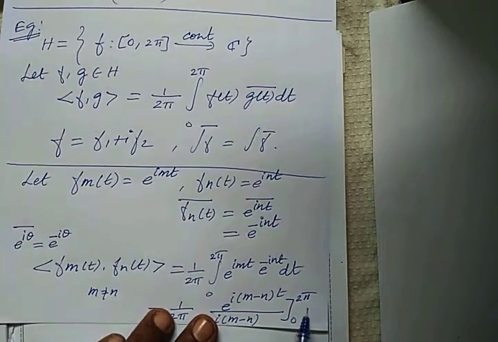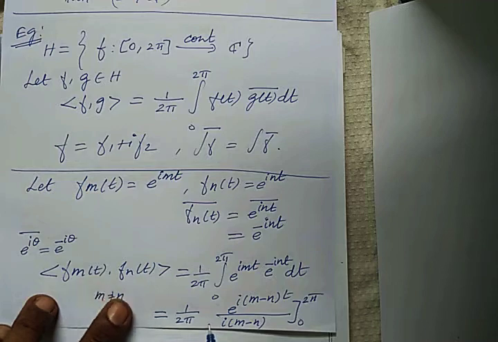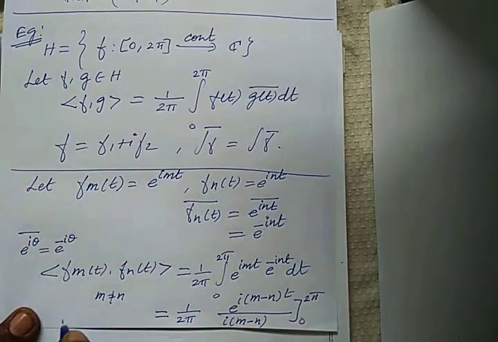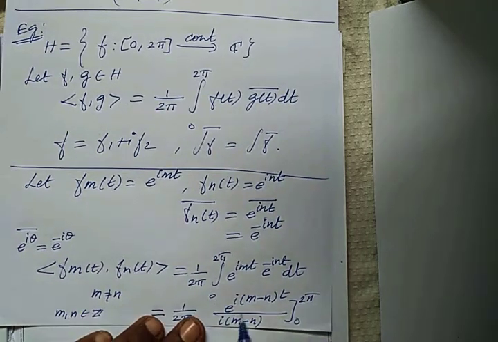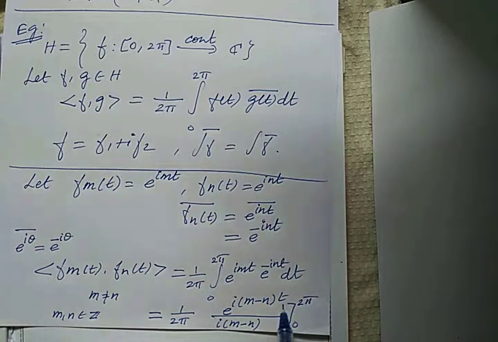If we apply the upper limit, most importantly m and n are integers. See here, if you apply 2 pi, we will get e to the power i times some integer times t. If you apply 0, we will get 1.